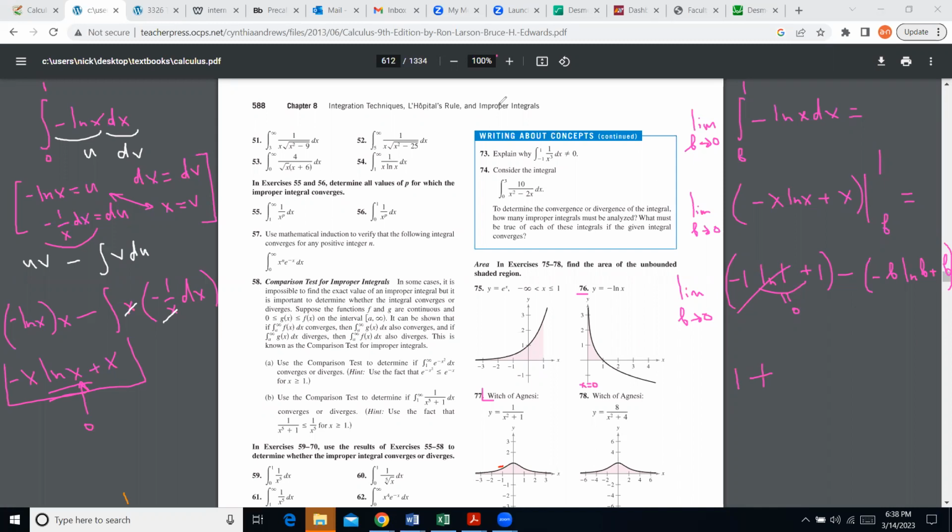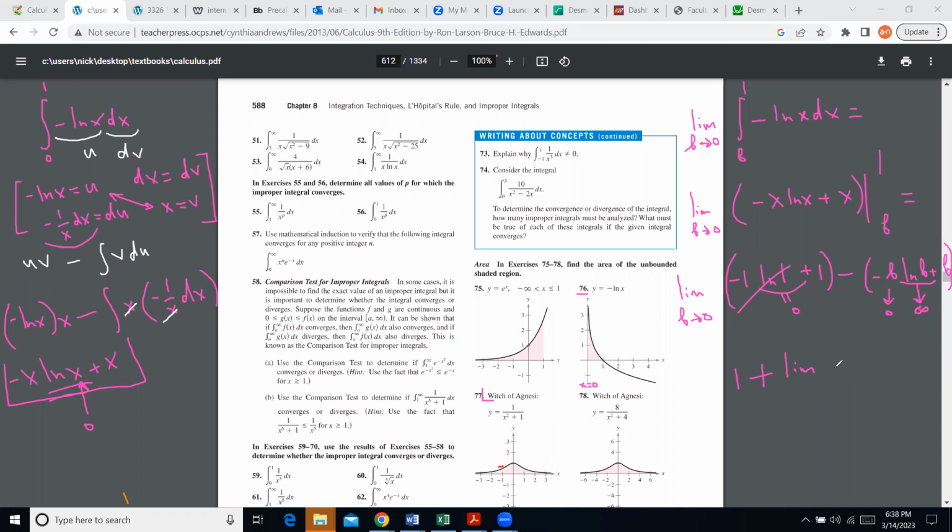So the question is, how can I find that limit? So I'm going to think of the limit of, see, this piece approaches 0, but that one approaches infinity. So I need to somehow prepare this.